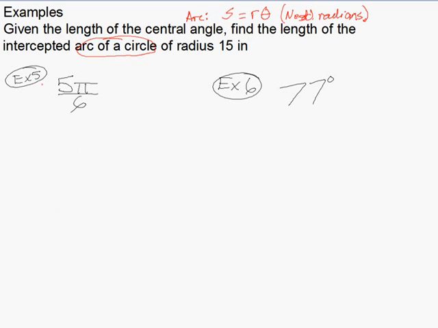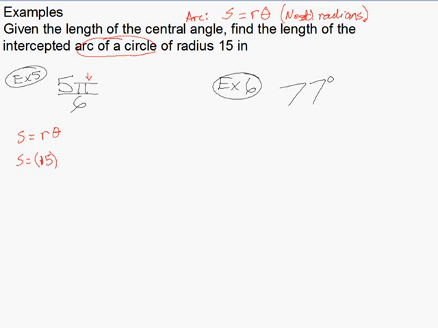Right here, you have radians already. How do you know? I have this handy dandy pi right here. It doesn't say degrees, so you know you have radians. So I have my formula right here, S equals R theta. What you need to have memorized is S means arc. So I will have S equals 15.